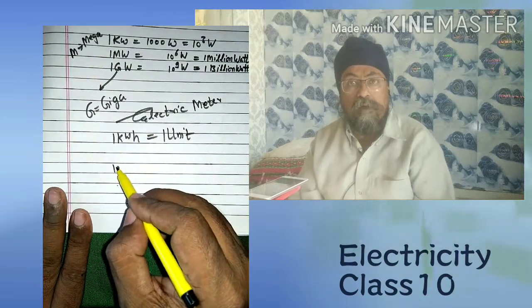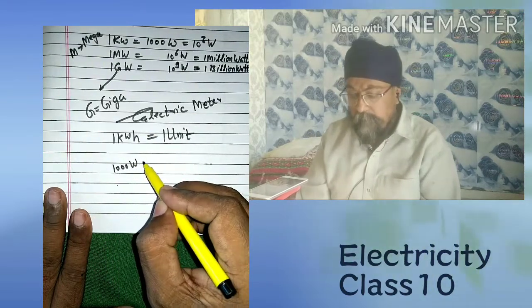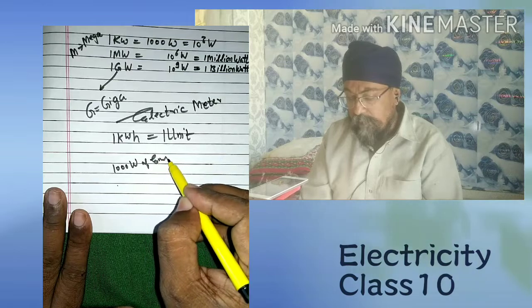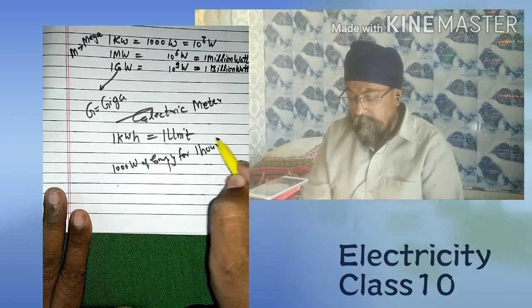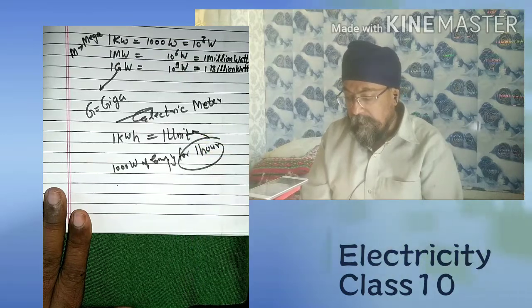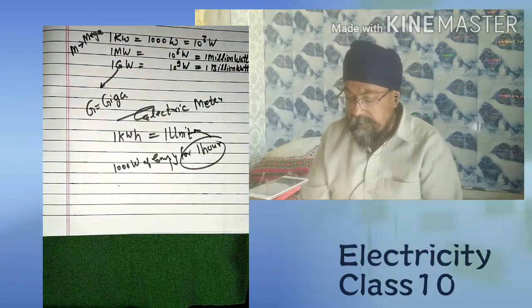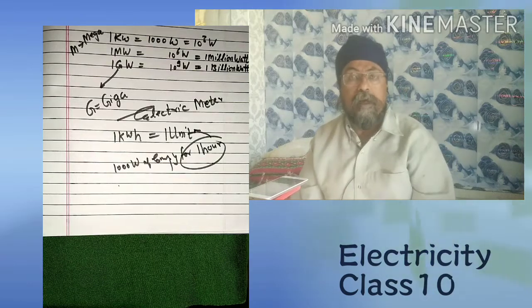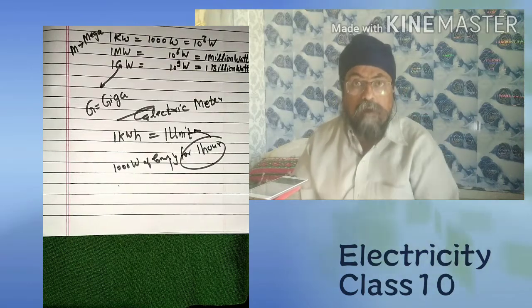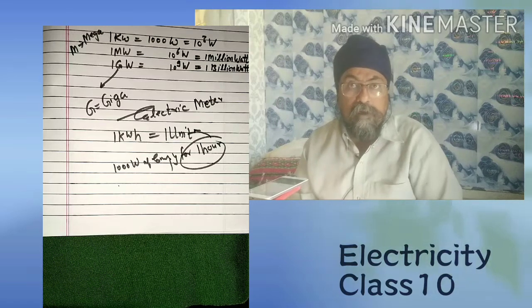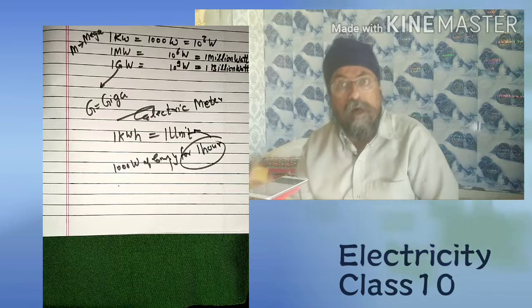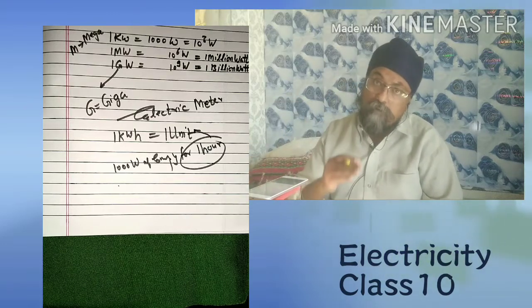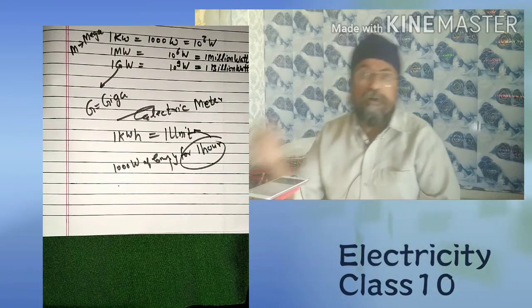When we use 1000 watt of energy for 1 hour, it is considered as 1 unit and the meter shows 1 unit. When we use 2000 watt for 1 hour, that is 2 units. 3000 watt for 1 hour, that is 3 units. I hope you are able to understand.